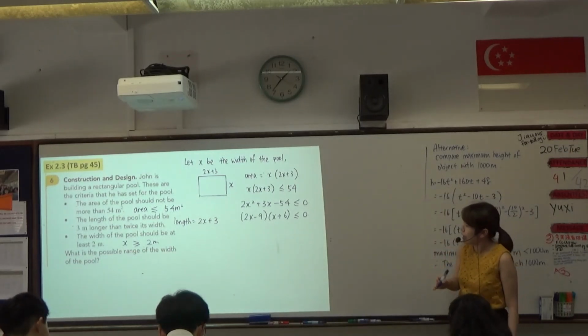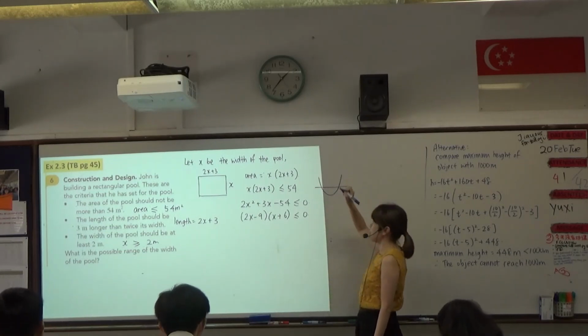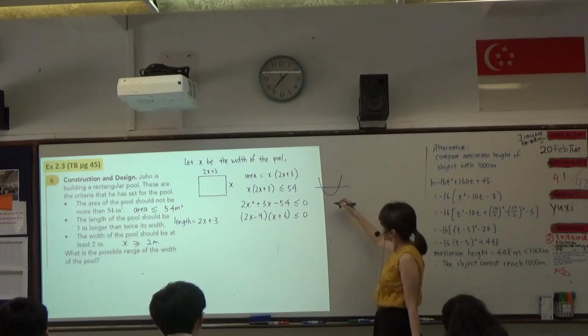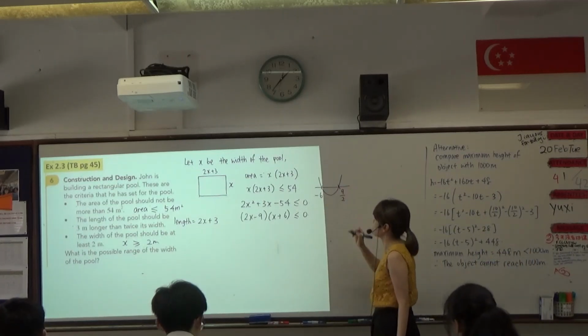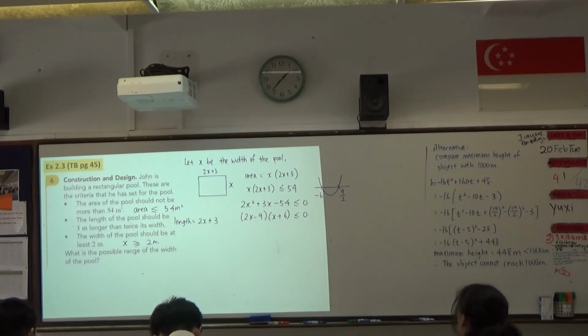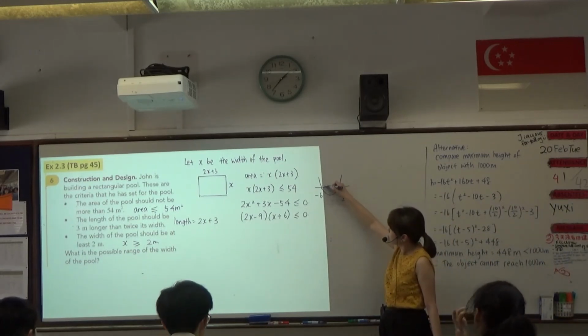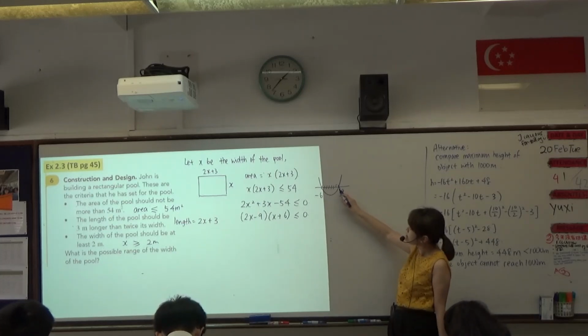And then we rely on our graph. It must be a happy face because the coefficient of x squared is positive, and then we get negative 6 here and 9 over 2 over here. Being less than or equals to 0, we're looking at this interval because that is where the graph is below the x-axis.